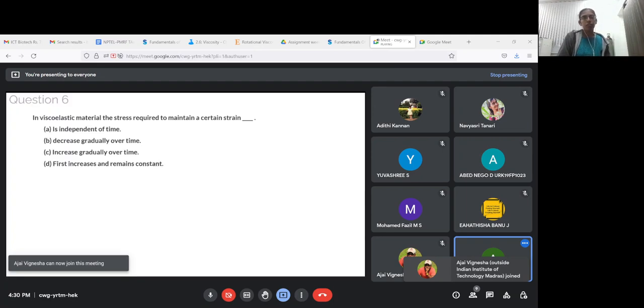In viscoelastic material, the stress required to maintain a certain strain is independent of time, decreases gradually over time, increases gradually over time, or first increases and then remains constant. So what do you think is the answer?